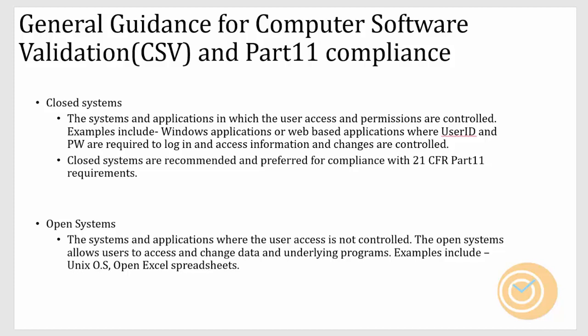Again, the open systems are where you don't need a user ID and password, but you can still meet the compliance requirements by having lots of SOPs and some controls and checklists to meet the compliance requirements for the open systems. Again, we usually recommend using closed systems for Part 11 compliance purposes.